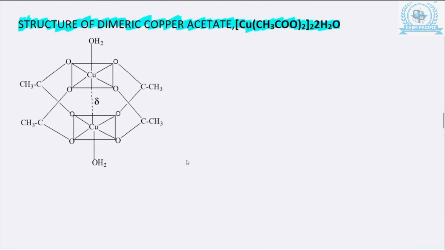Now see students, before we proceed, let us understand the electronic configuration of copper 2 plus. Now copper 2 plus is having electronic configuration of 3d9.